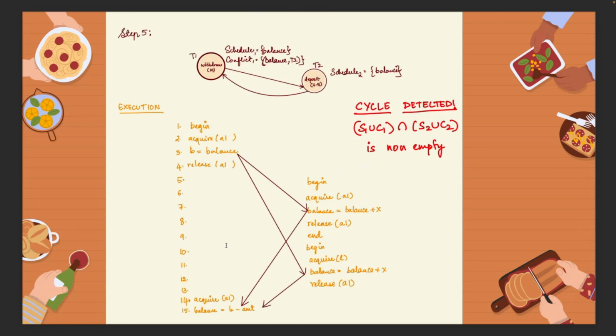It's saying that this transaction should happen after this, and this transaction should happen before this. There is no sequential execution where this is actually satisfied, right? This should happen before and this should happen after that, which means this should interleave this transaction. And that means that there is no sequential way of either executing mine first and theirs later, or theirs first and mine later.